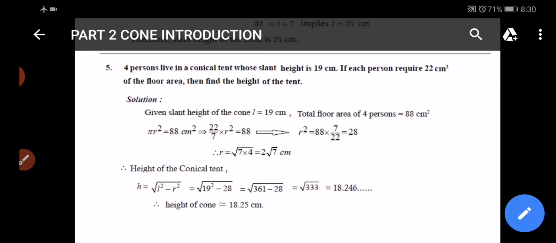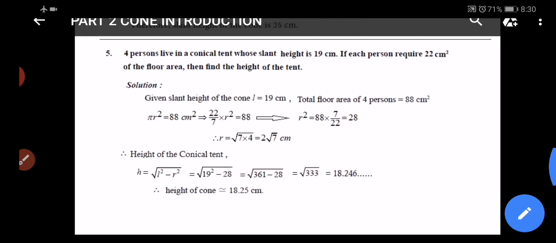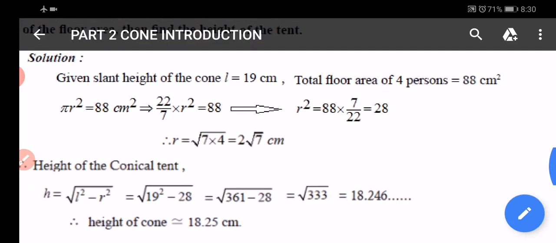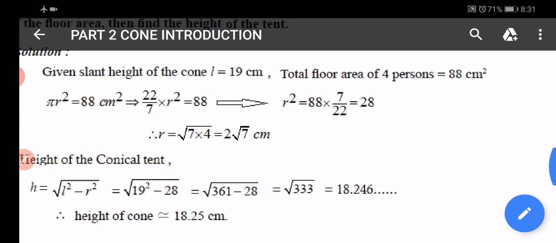In the sum, the slant height is given, and in the circular base there are 4 persons living. Each person requires 22 centimeter squared of floor area. Then the total floor area is 4 into 22, 88. Then pi r squared equal to 88.